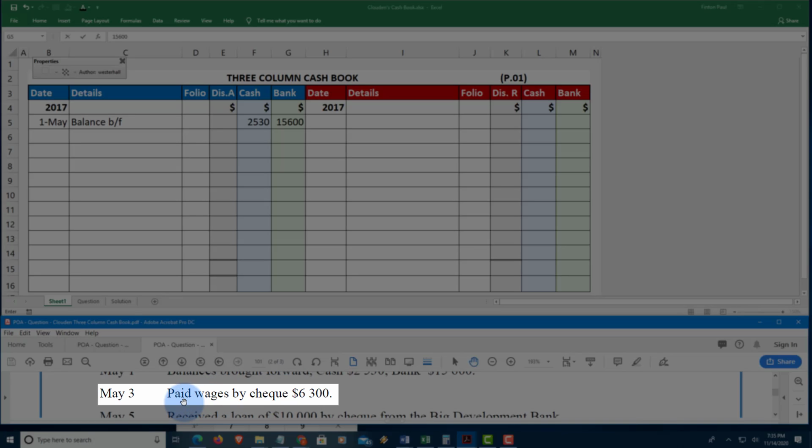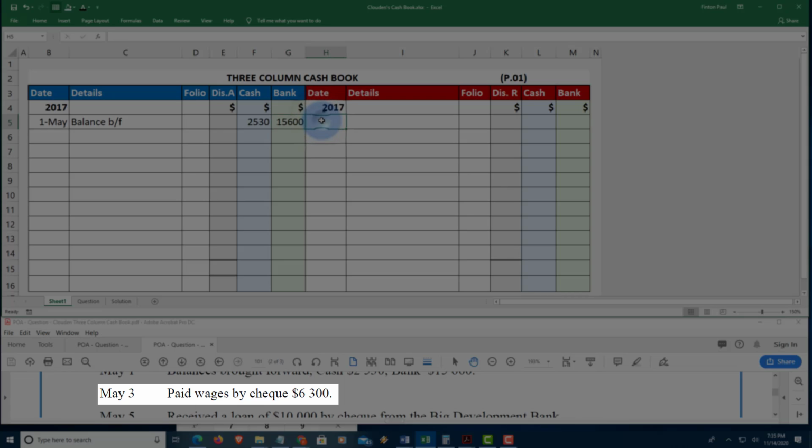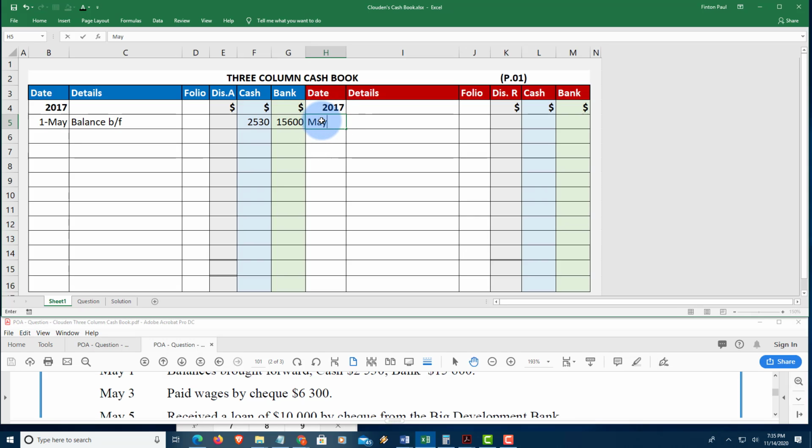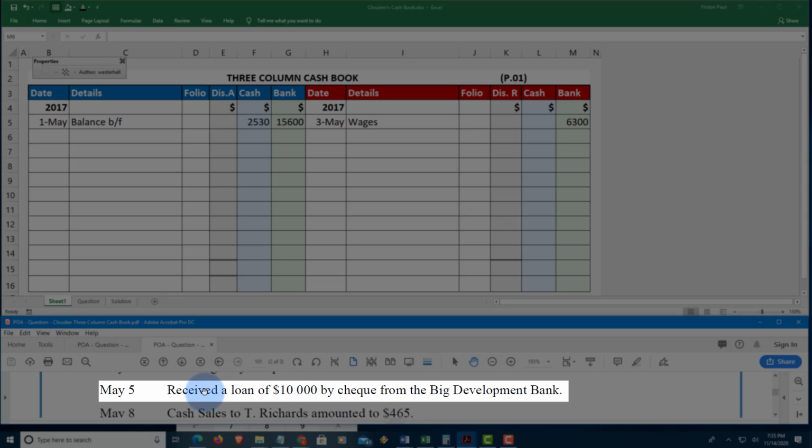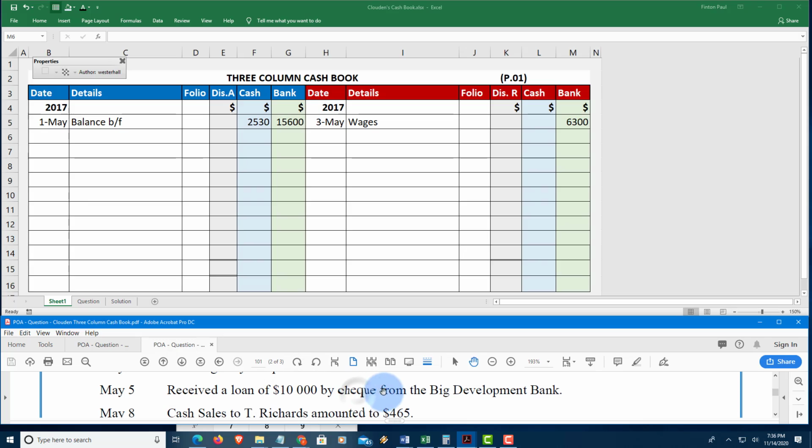May 3rd, paid wages by check 6,300. Wages debit, the payment method check 6,300, that belongs to the bank. May 5th, receive a loan by check.